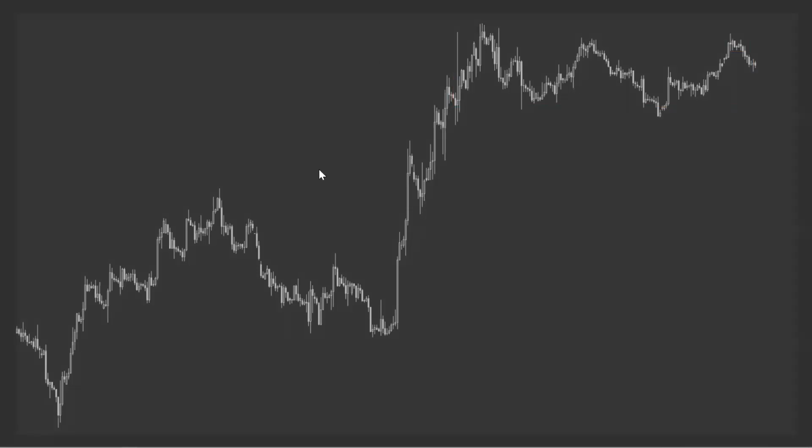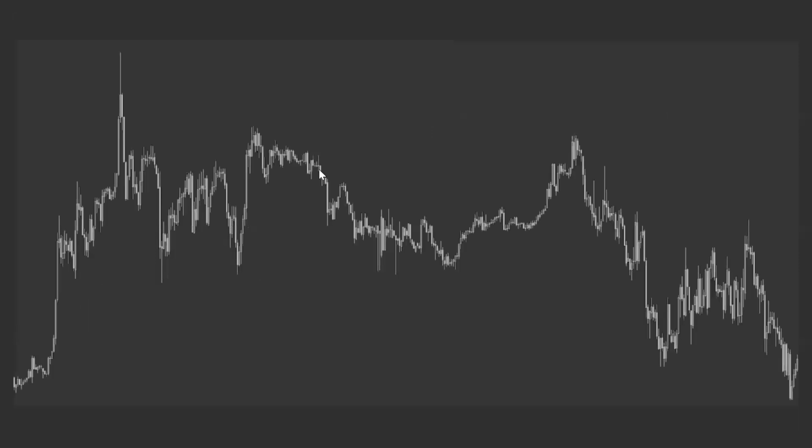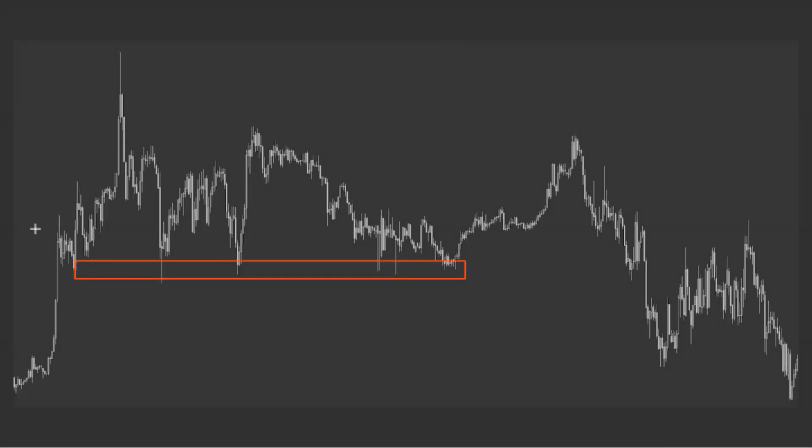Okay, and if we go down to the M5, you can see that that's the flag limit. Okay, the bottom of that little consolidation or base there. And you can see that it looks really weak, having already been engulfed on the first test. So what have we got?